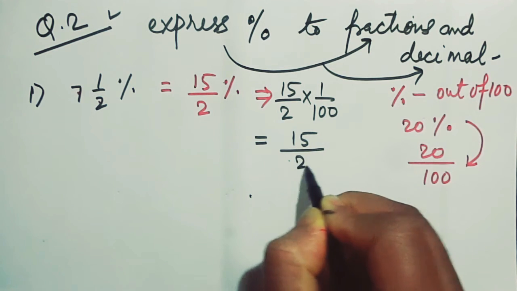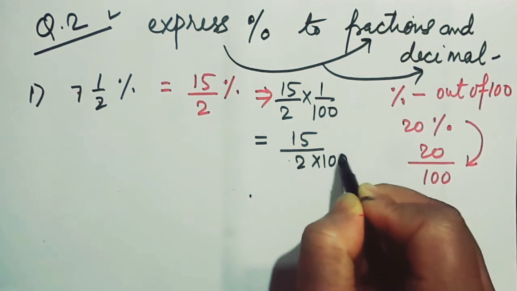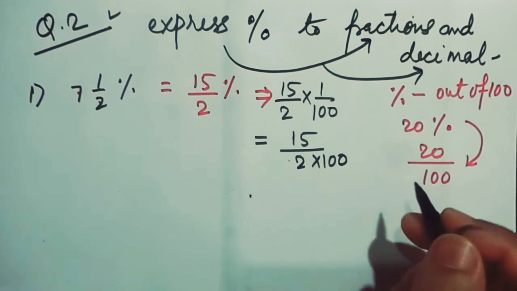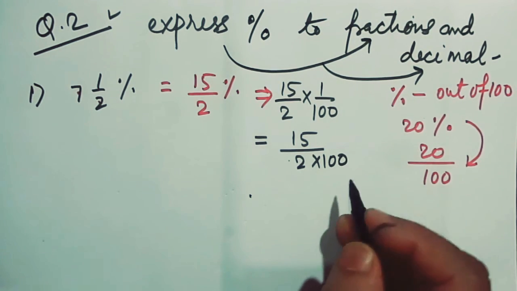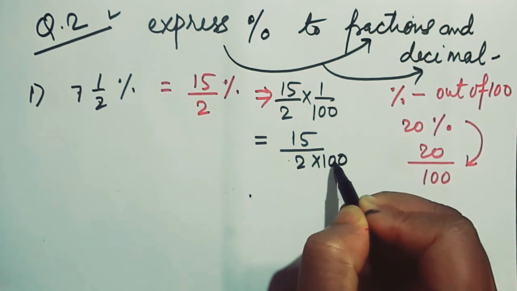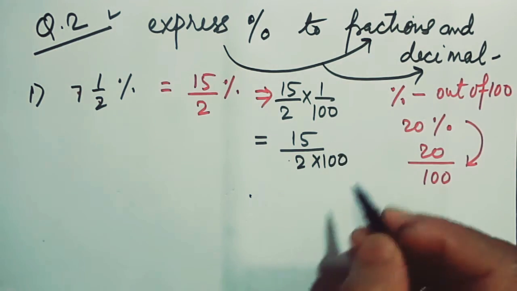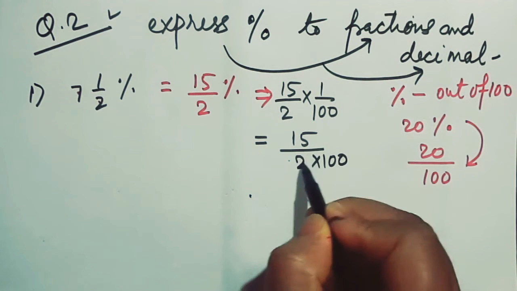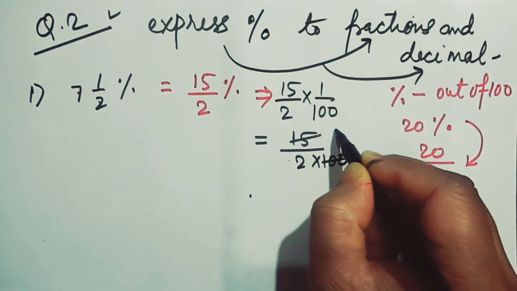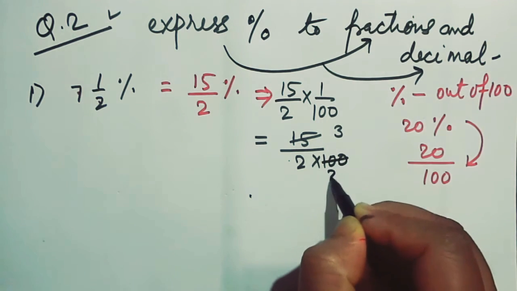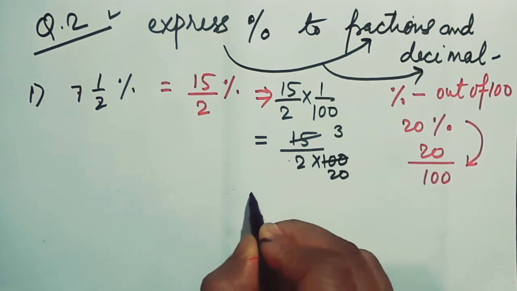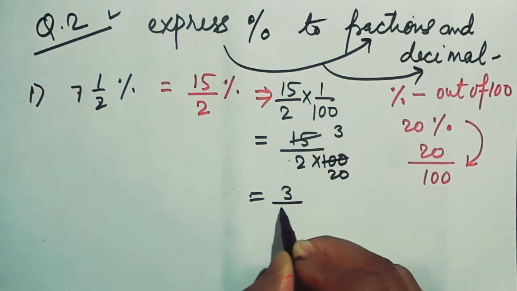Okay, so 15 by 200, how does this need to be solved? Let us solve this. 5 3 times 15 and 5 2 times 10 means 3 by 40. This is equal to 3 by 40.